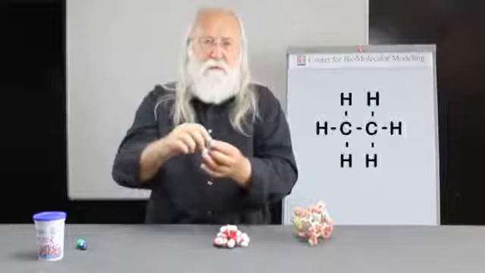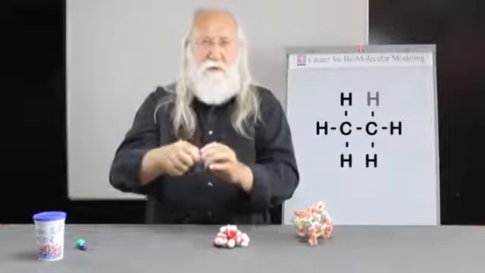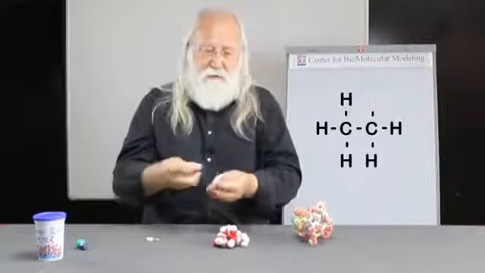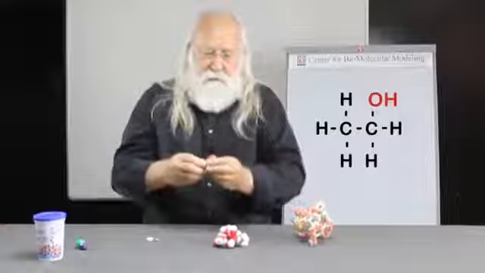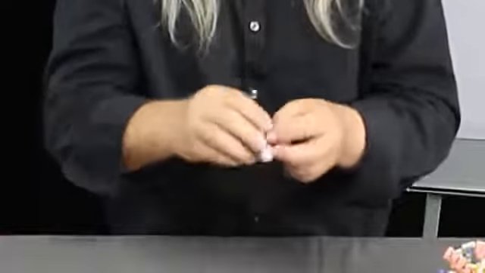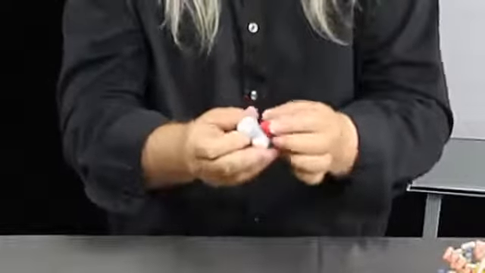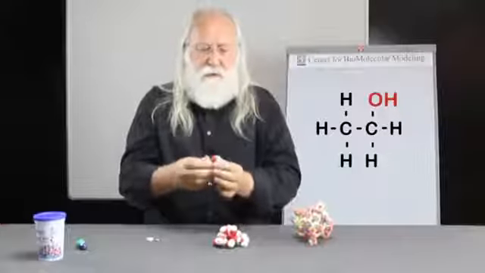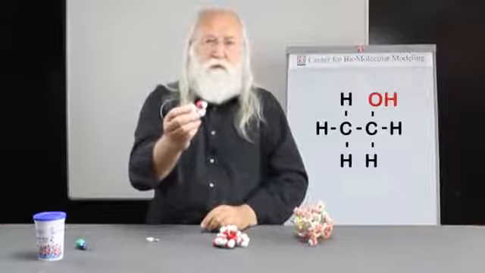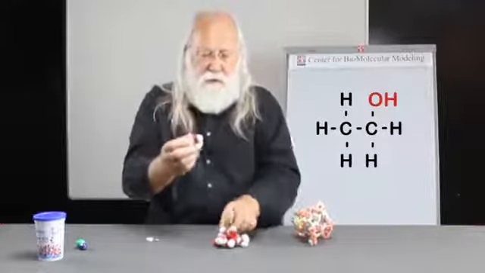Look what happens if I take one of these hydrogens off and I replace the hydrogen with a hydroxyl group. I've now converted what was originally ethane into ethanol, a primary alcohol. So now the question becomes, what is the chemical property of ethanol?